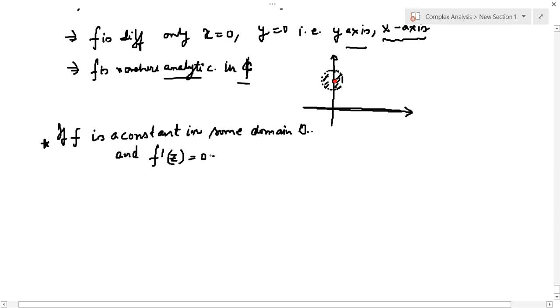Please remember it should be a domain. Domain here means an open and connected set. And another thing, if f dash z is equal to 0 in domain D, then f must be a constant.